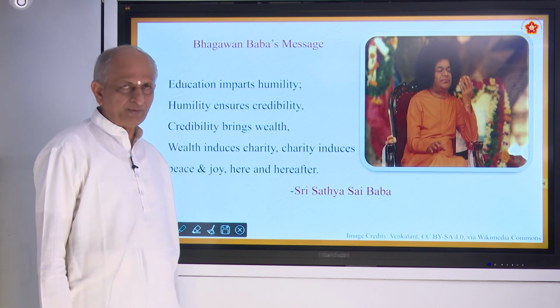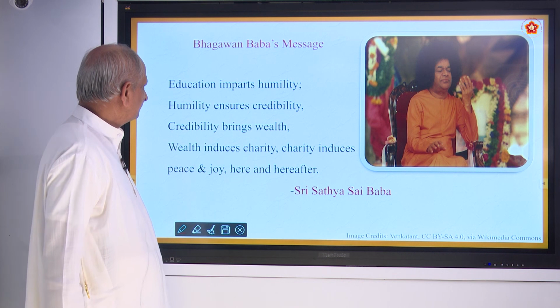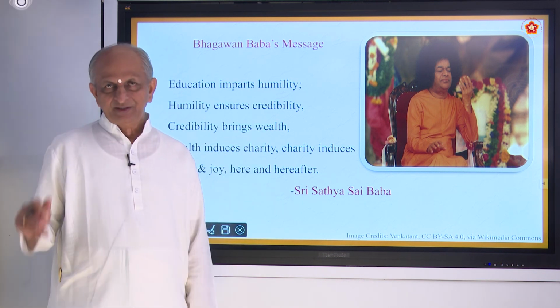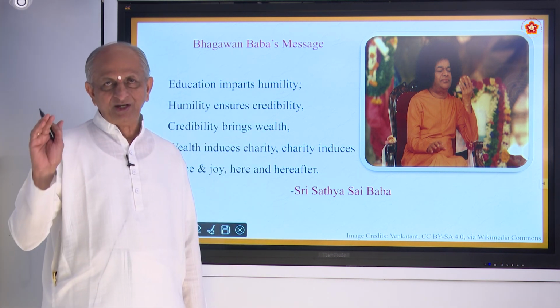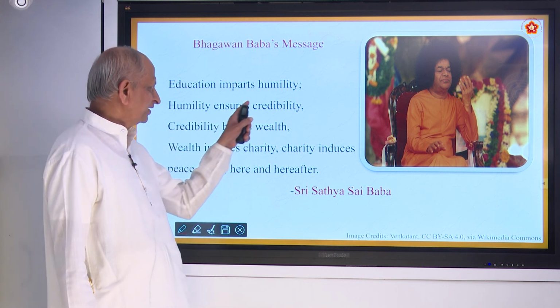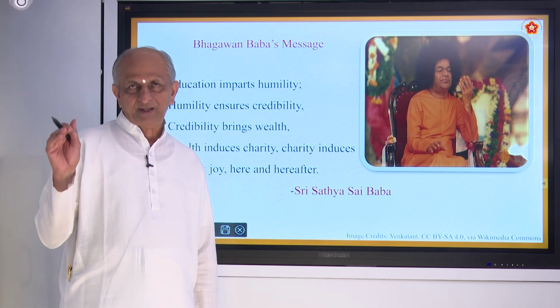Now let us see what Baba says, Bhagwan Baba's quotation. Education imparts humility. In Sanskrit they call it Vidya Dadati Vinayam. Humility ensures credibility: Vinayat Patrutvam.